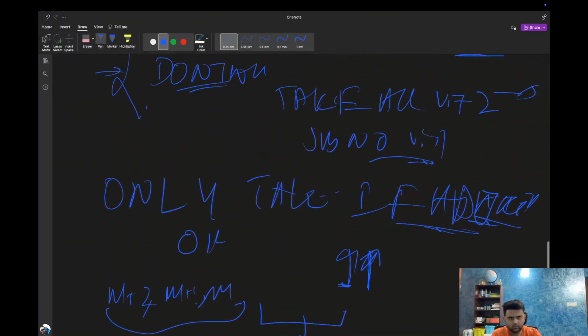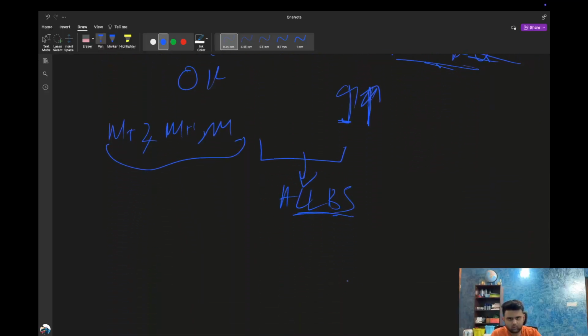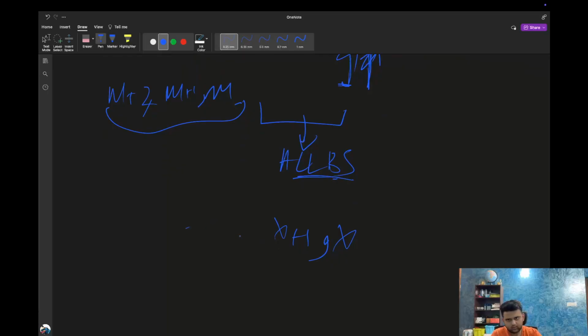Is it always optimal to take if it's x plus 1? So if I take this, I can't take any more x plus 1s.